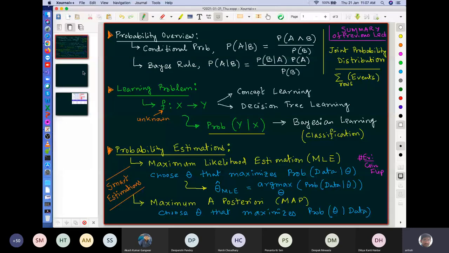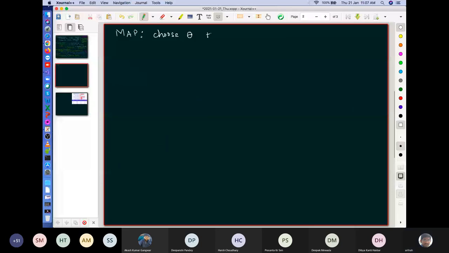So as you know, in maximum a posteriori analysis, we want to choose a theta that maximizes the probability of theta given data. Mathematically, my MAP estimate is the theta that maximizes the probability of theta given data.